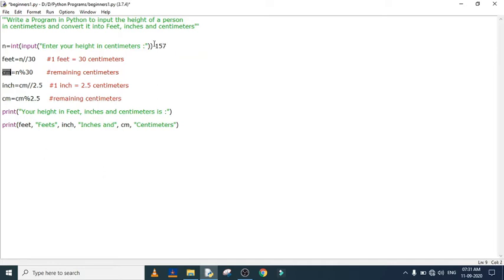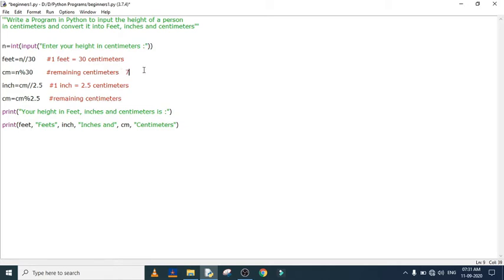Next statement: inch equals cm floor divided by 2.5. Floor divided by 2.5 means we need the inches now. So 1 inch equals 2.5 centimeters. That's why it is floor divided by 2.5. Again, the value of centimeter is now 7.